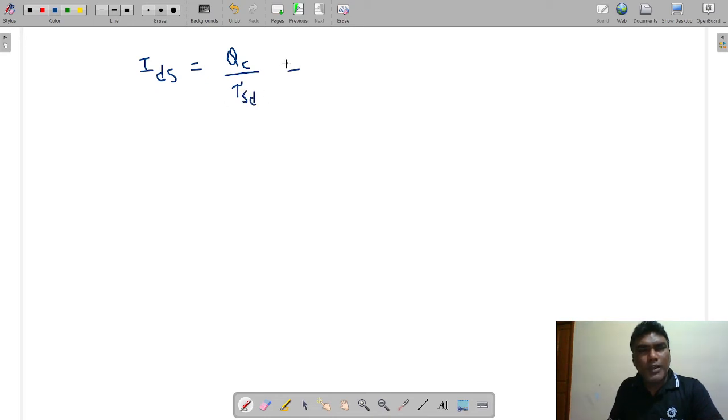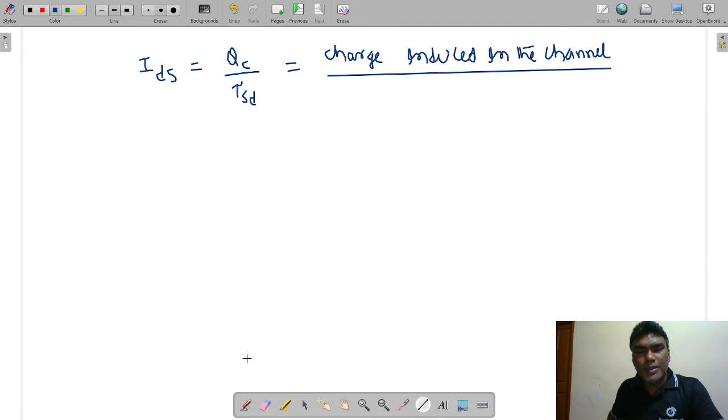QC is the charge induced in the channel, and tau SD is the transit time between source and drain.